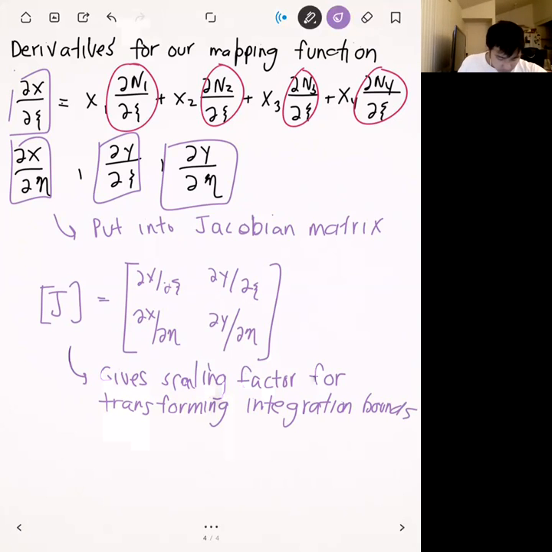And so what this means is that we can take this integral here, an arbitrary integral of f dA, where these integration bounds can be anything. And what we want to do is transform these integration bounds to -1 to 1, because these are the integration bounds on our isoparametric element, okay?